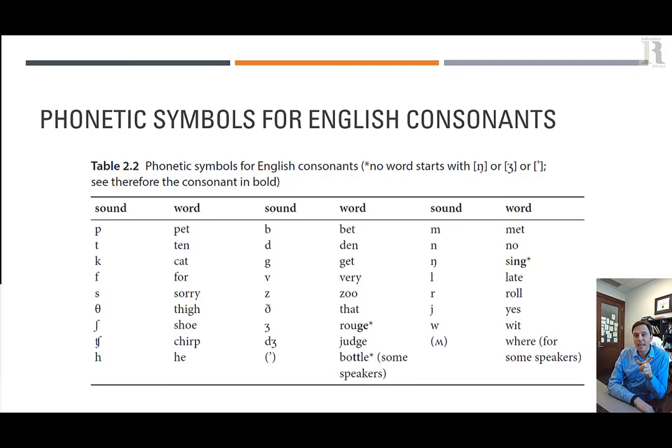Here's the thing though, in English, we distinguish between P as in pat and B as in bat. That's another voiced versus unvoiced distinction. In standard Arabic, those aren't phonemic. Those are not distinguishing. Those are both the same sound.